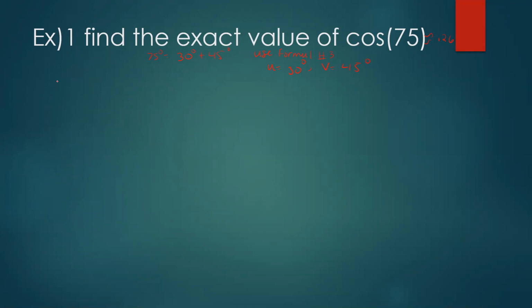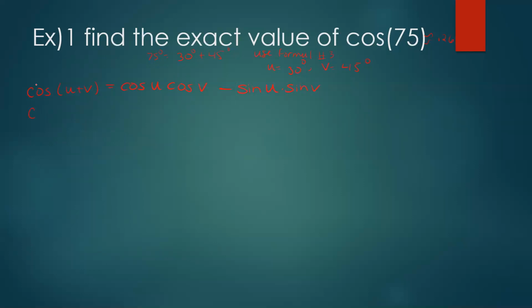So let me rewrite formula 3. Formula 3 is cosine of u plus v equals cosine u cosine v minus sine u times sine v. All we have to do is plug in u with 30 and v with 45.